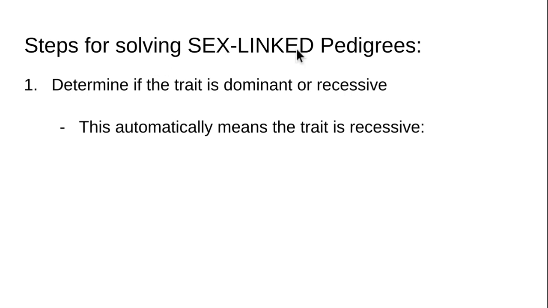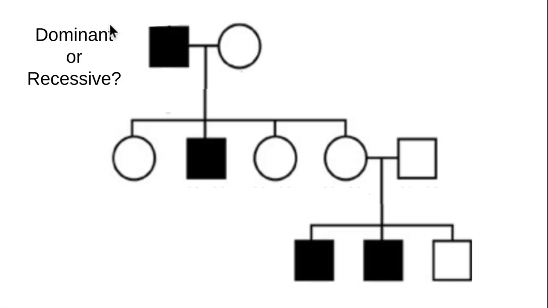So when we solve these pedigrees, and this is not just sex-linked, but for all of them, remember, we have to figure out if it's dominant or recessive. As a reminder, if we see 2 parents that are unaffected who have an affected child, that means the trait is recessive. So in this pedigree, is this going to be dominant or recessive?